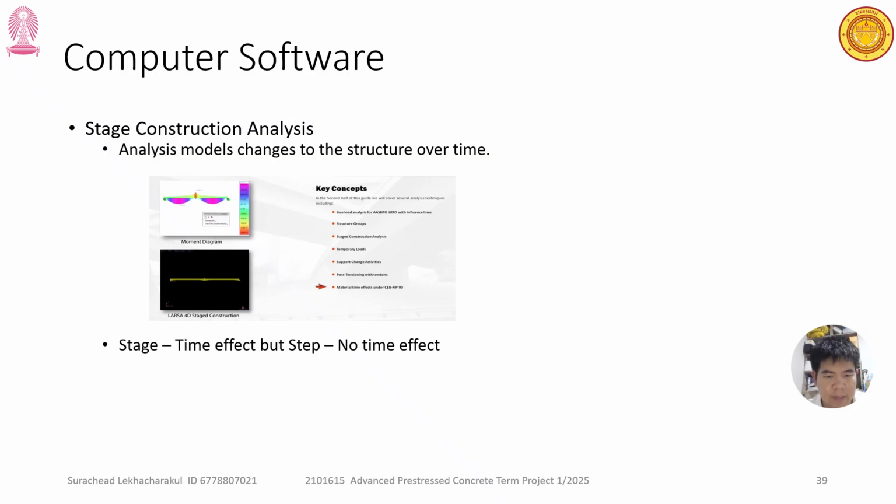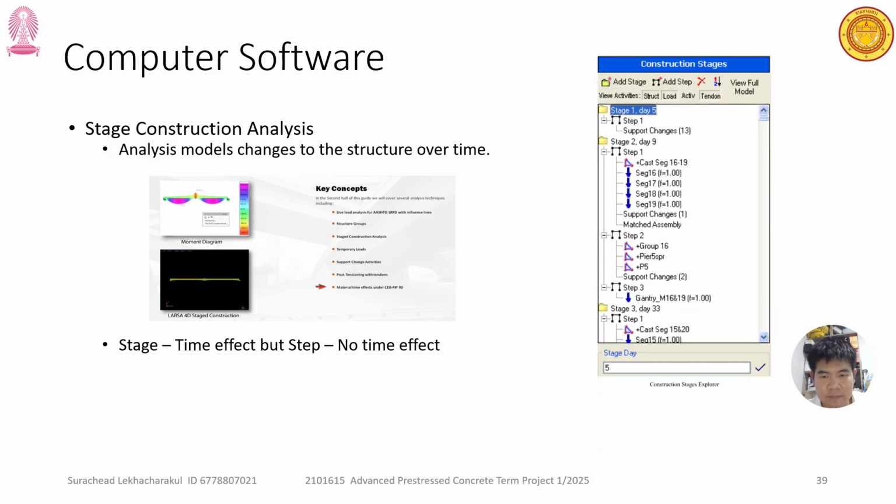Use the software's construction stage analysis to model changes to the structure over time. Stages have time effect, but steps do not. You will see many steps, and the stage needs to have a time, day 5, day 9, and one stage has many steps. Like stage 2 has 3 steps, but those steps do not depend on time.